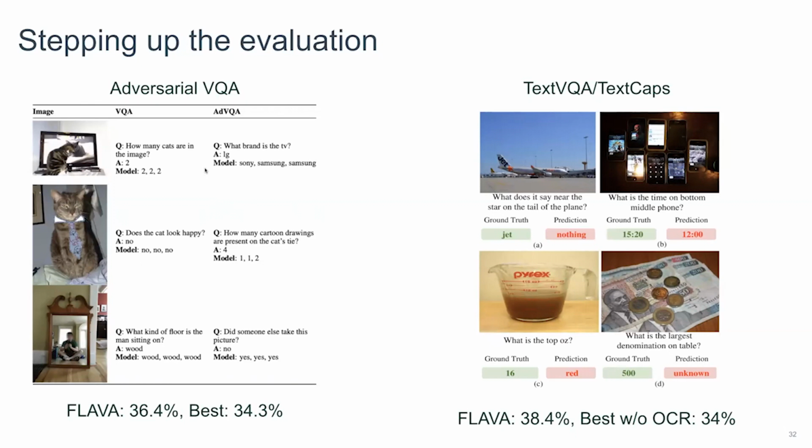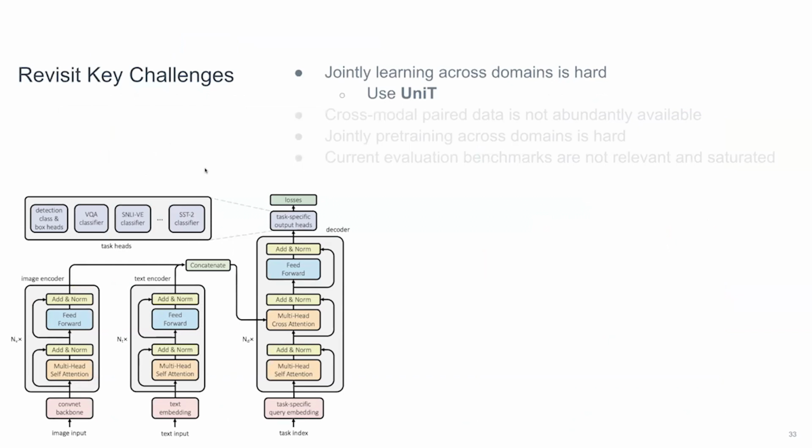So we created data sets for captioning and also visual question answering on these images. FLAVA does really well on it as of now, 38.4, but the best without OCR is only 34. So there's much to do here.